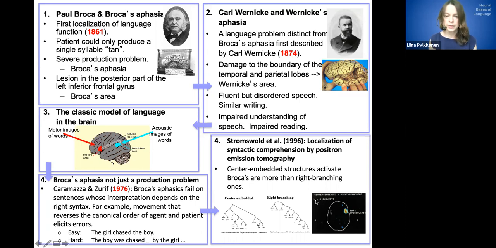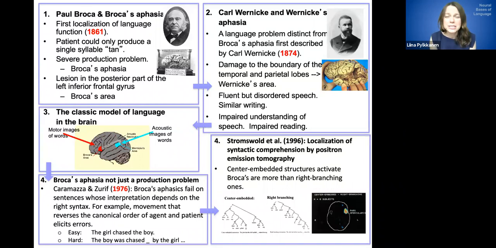What they found was that those harder sentences, which were center-embedded sentences, engaged Broca's area more than syntactically easier sentences. I'm going to show you that in a little more detail in a sec.